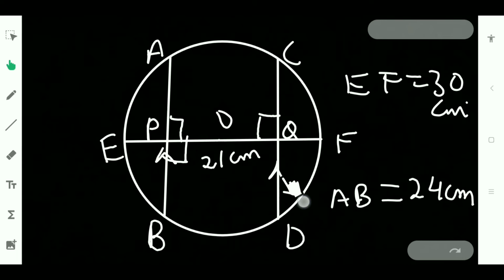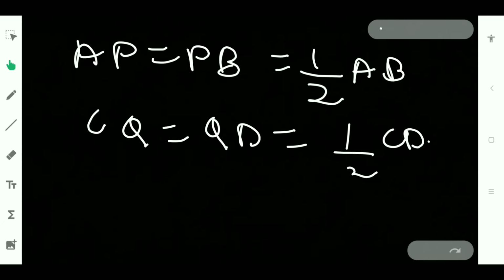Now we have to find the length of CD. For that we will do a small construction, that is, join OB. We will join OB as well as OD. OD we can join later for the second chord. First join OB. You know AB is perpendicular, AB is 24 centimeter.